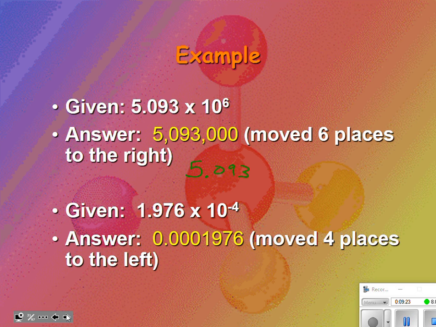So as I jump it, I jump 1, 2, 3, 4, 5, 6. Then I'm going to clean it up. So my new number is going to be 5,093,000. And I just put my commas in there to separate my number a little bit.